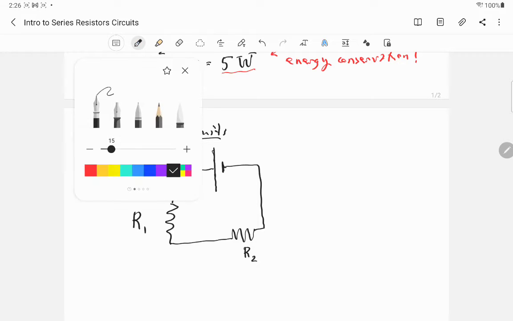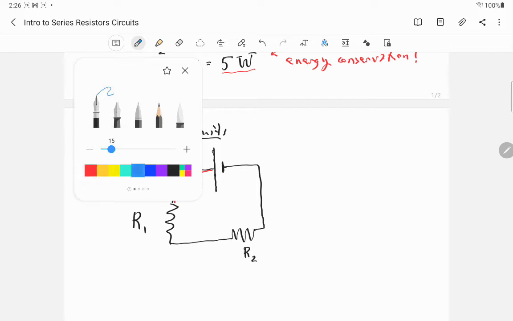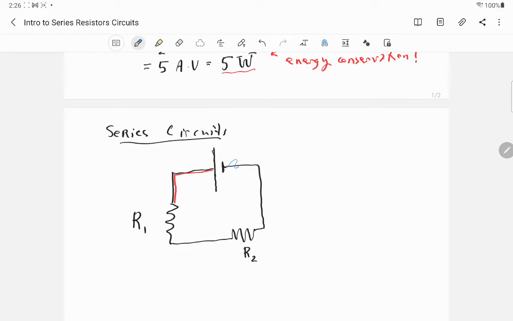So very quickly, I'd like you to notice that there's actually 3 different conductors right now. Here is one conductor. Here's another conductor, right? That is, it's one of those perfect conducting wires. And here's the third conductor.